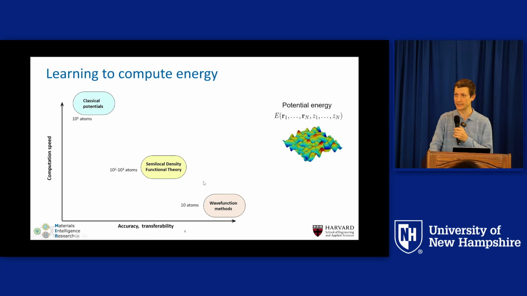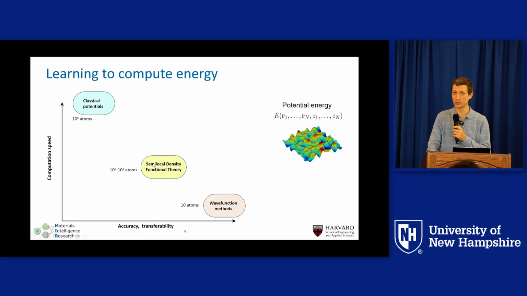You could do this with density functional theory, or you could do this with many-body quantum methods. And the trade-off here is, of course, how accurate you want to be and how much computation time you have. It depends also on the problem. Sometimes these approximations on the left that are fast and not so accurate may not even work, right? So you have to fall back on the very exact ones.